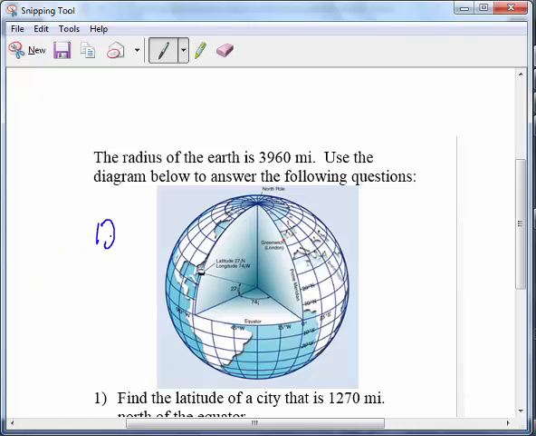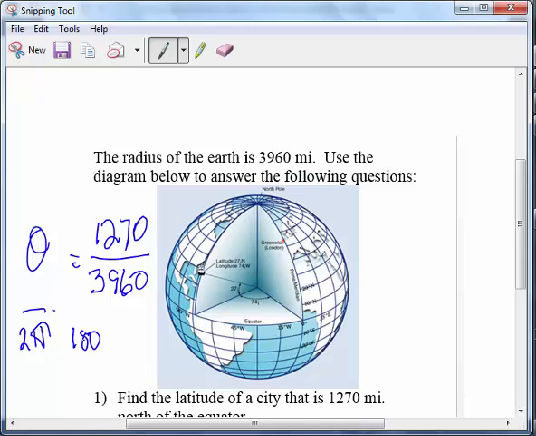It's 1270 over the radius, 3960, but that'll be in radians, and then we have to take that number of radians and multiply by 180, and divide by pi.